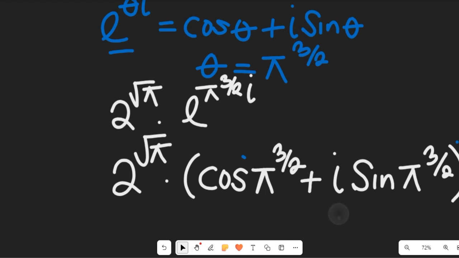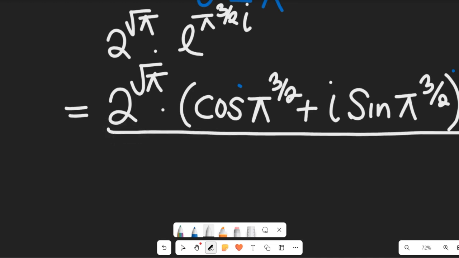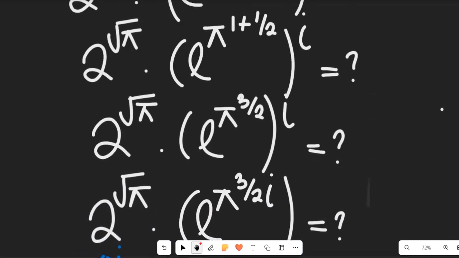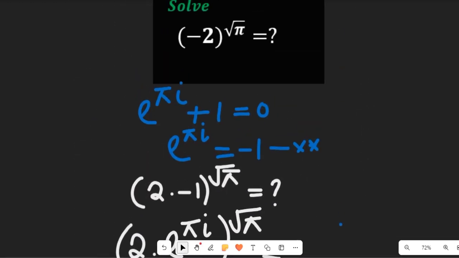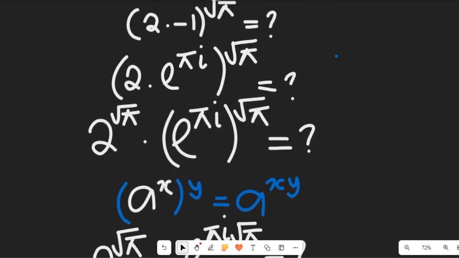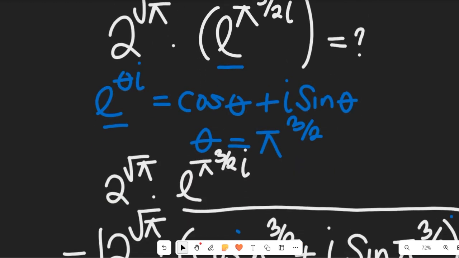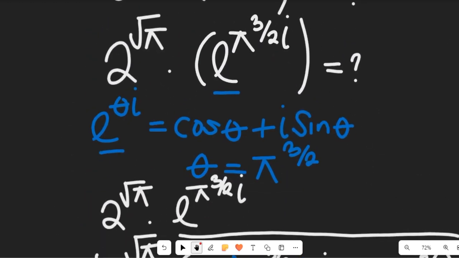And this is going to be the solution to the expression given to us. So we'll multiply these two expressions, and this is going to be the result of the expression given to us up there. So using Euler's formula, we can easily find the solution to this Harvard exam test, because it has to do with exponential values.